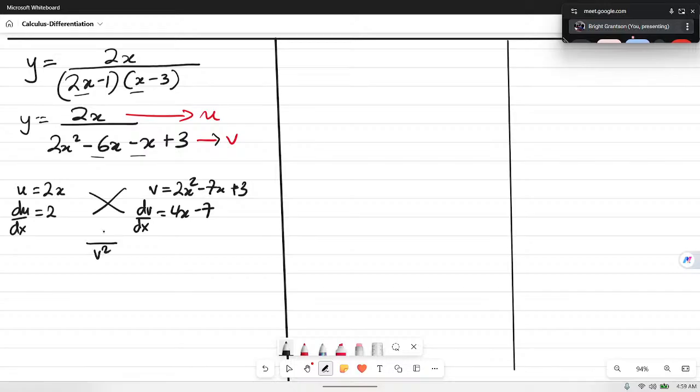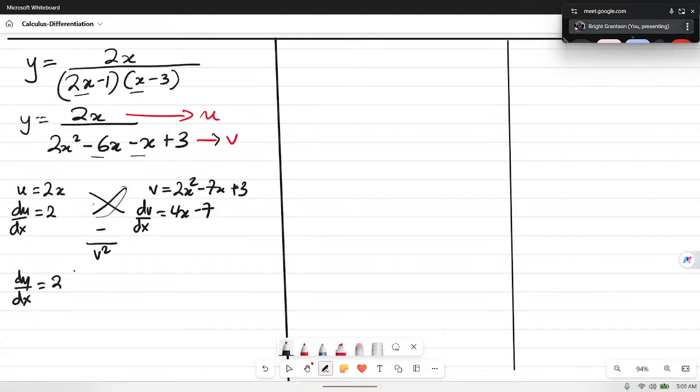Cross multiply, subtract. Remember, so dy/dx becomes v du/dx. So it's the v that will come first. v du/dx, this one, then multiply it.